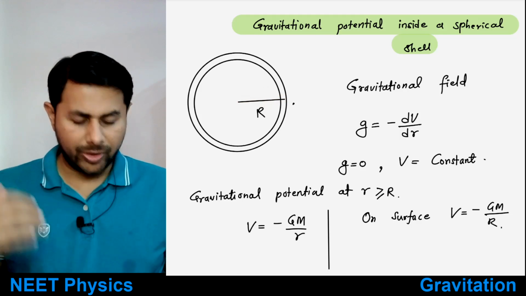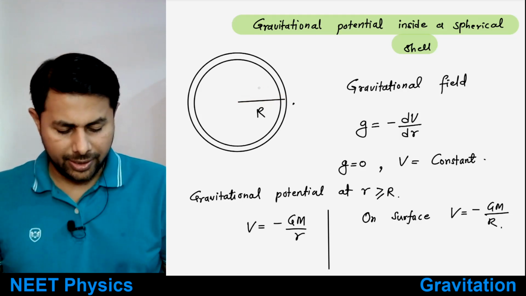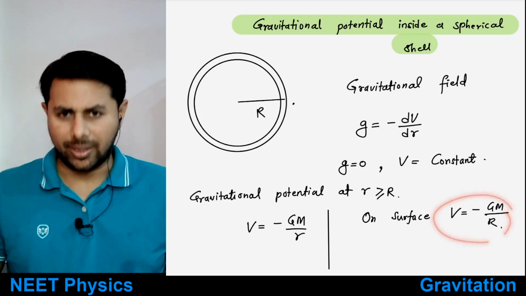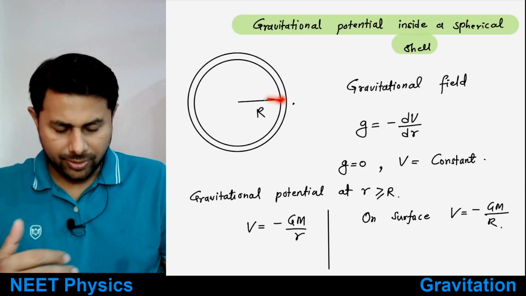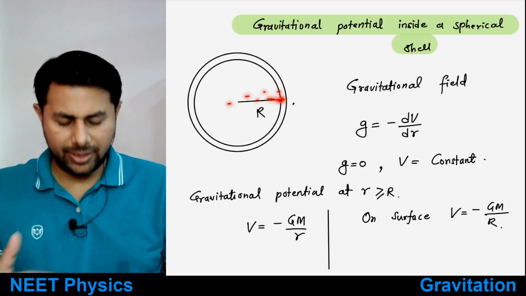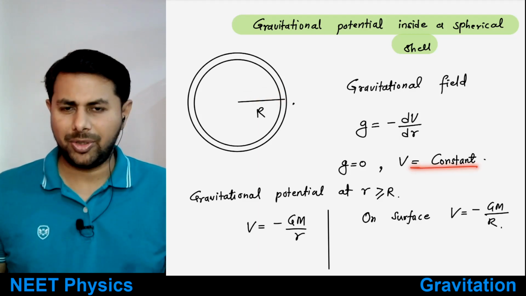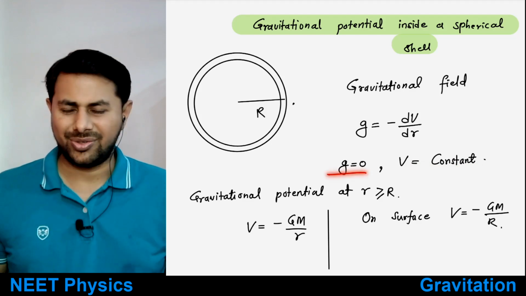Now therefore, what would be the gravitational potential in the interior also? In the interior region too, the gravitational potential will be minus of Gm upon R, because when you move from the surface of shell towards interior region, the potential should not change. V should be constant. V is constant, that's why field is 0.